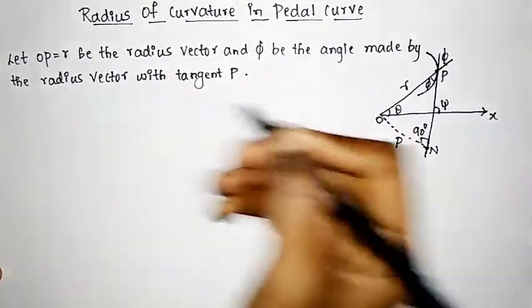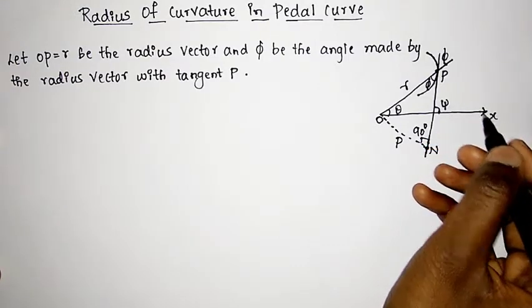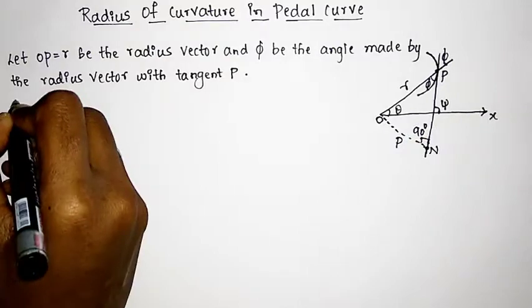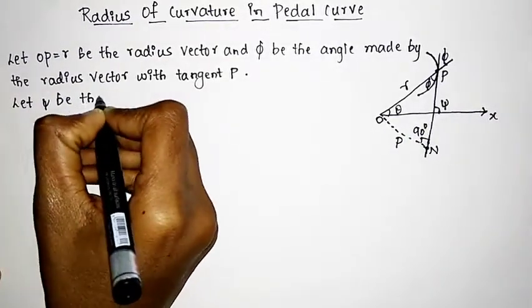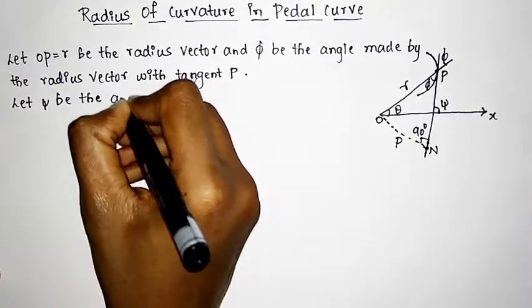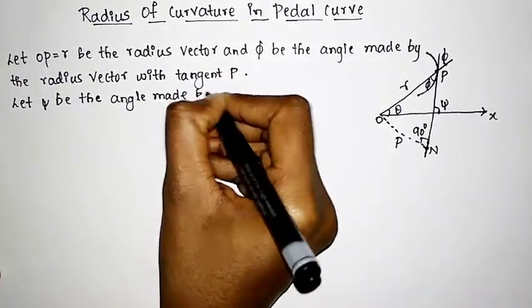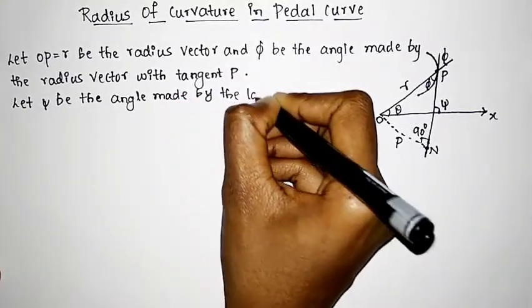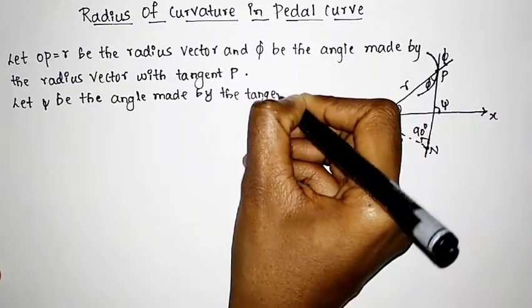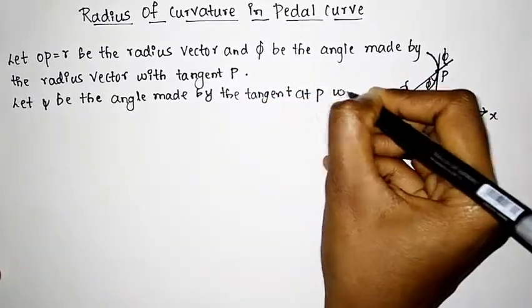The next thing is psi. Let psi be the angle made by the tangent at P with the initial line.